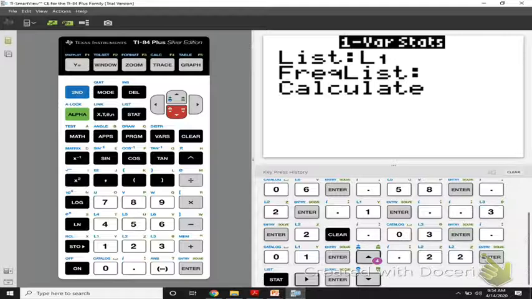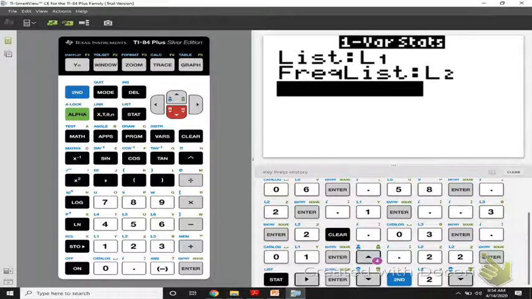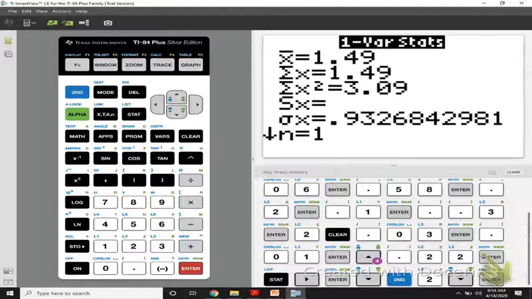So our frequency is going to be list 2. You can do second and 2 there to pull up list 2, and then go down to calculate. I'll give you a second to catch up with this. All right, hit enter, and it tells us this.